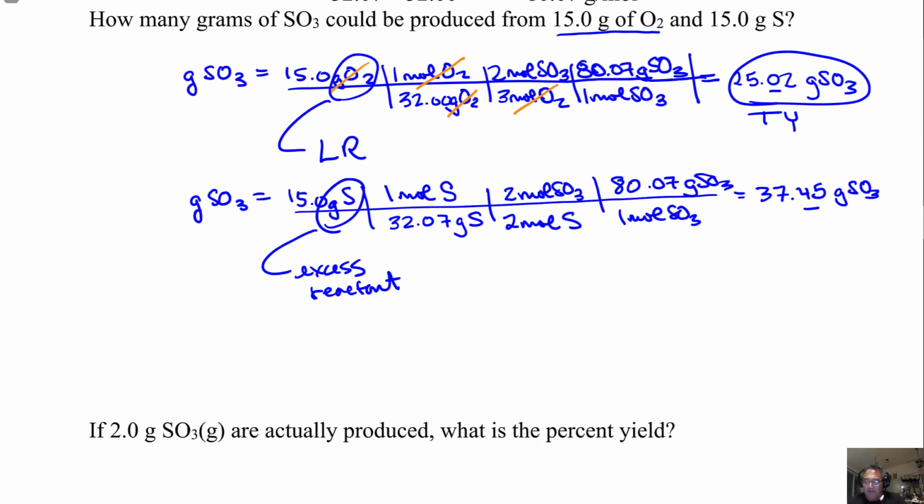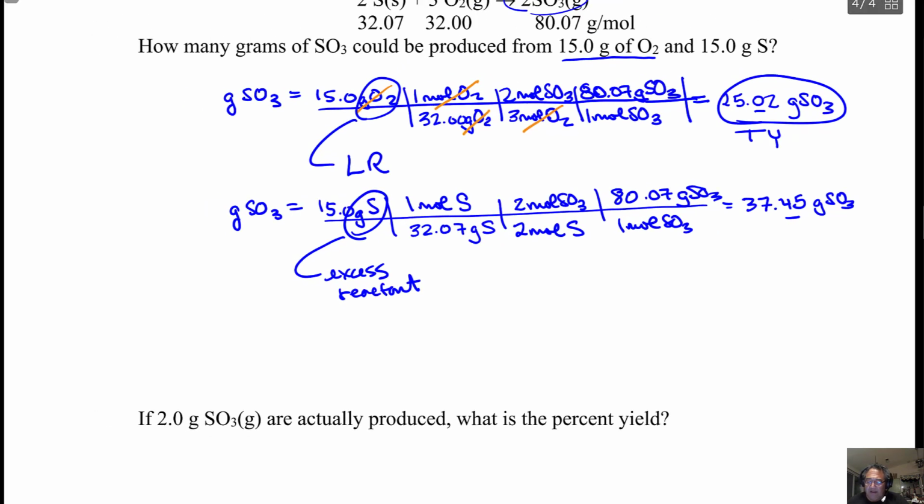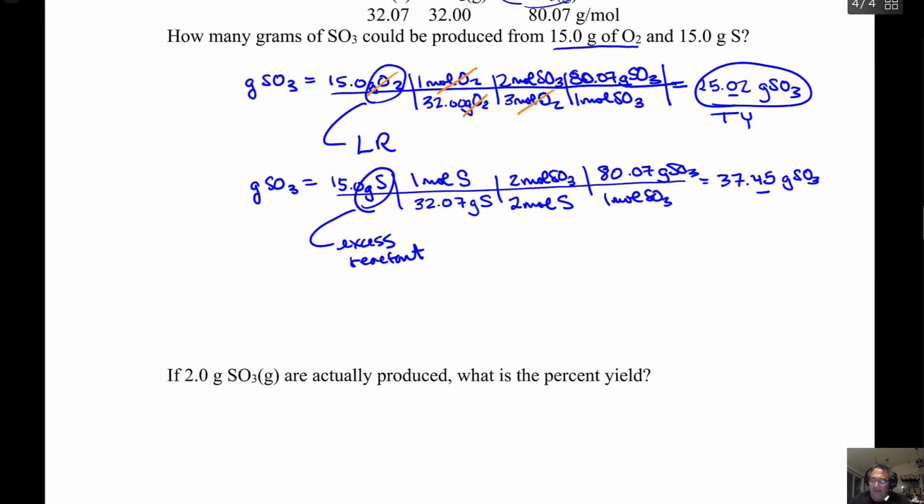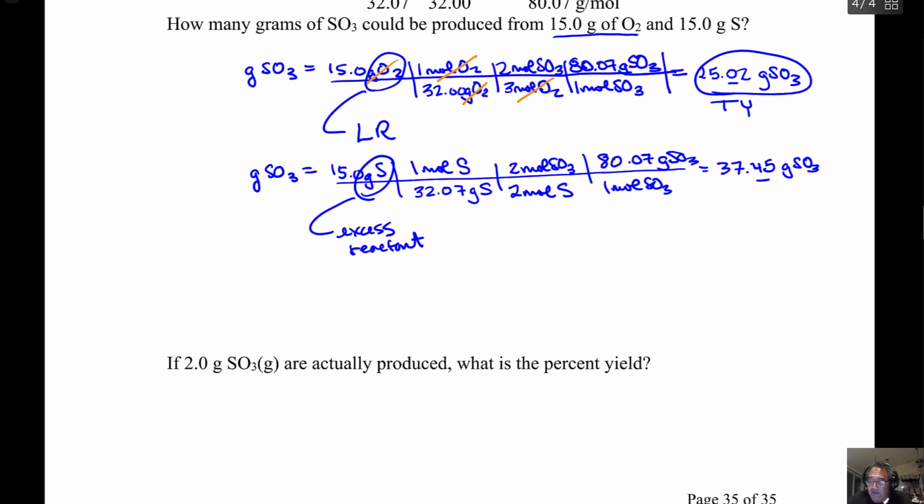And then on this next problem, it's a fairly simple problem. It says if 2 grams of SO2 are actually produced, that would be horrible, right? But if 2 grams of SO2 were actually produced, what is the percent yield?